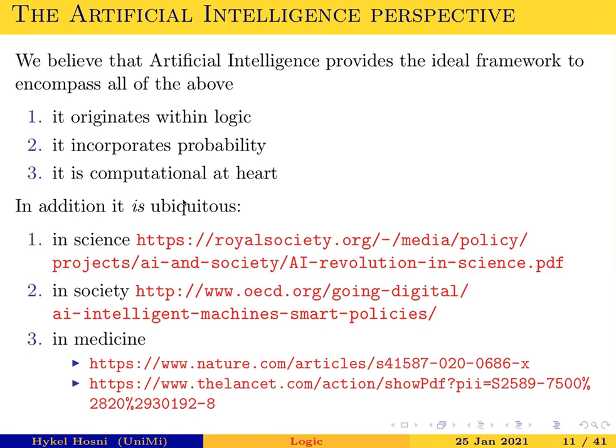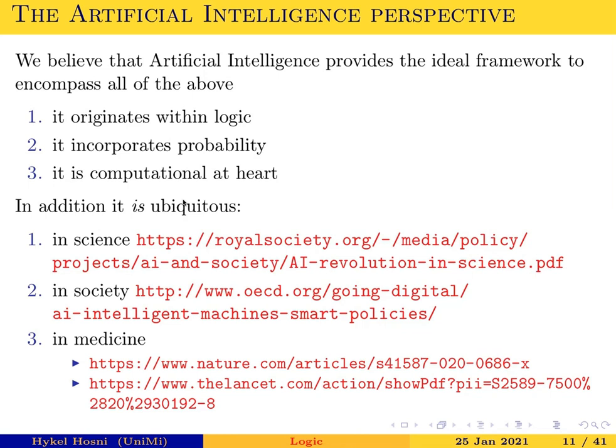First, AI originates within logic. This is something people may not necessarily be aware of, especially if they approach AI from the machine learning angle. But AI starts with logic, within logic, and with logic. So it's useful that you have this idea.